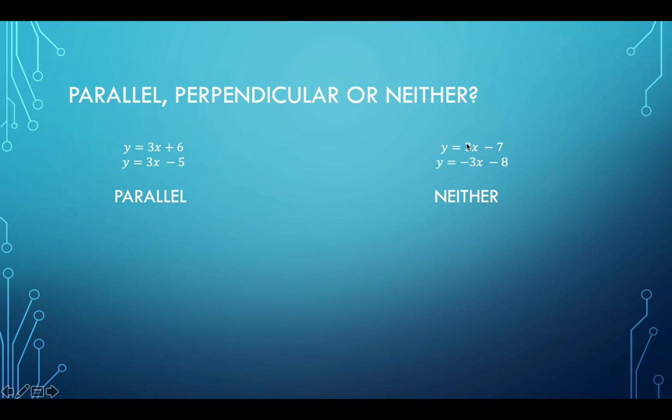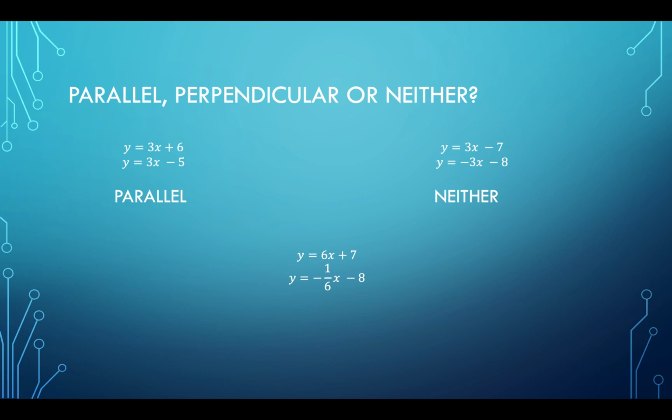Because the slopes are not the same and they're not the opposite reciprocal. Some of you guys might say, oh, but Miss Bogdan, the first one you have a 3x, and the second one you have a negative 3x. For them to be perpendicular to each other, this bottom equation would have had to have been a negative 1 over 3x.